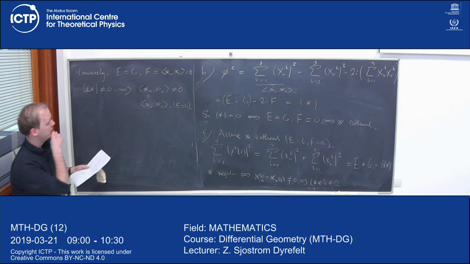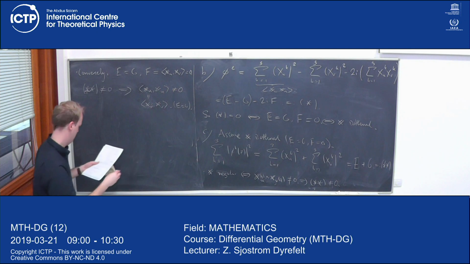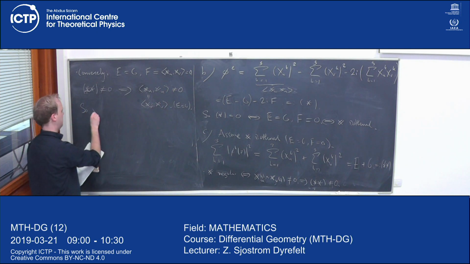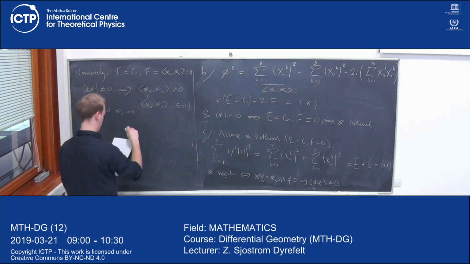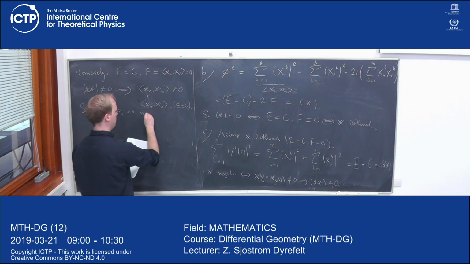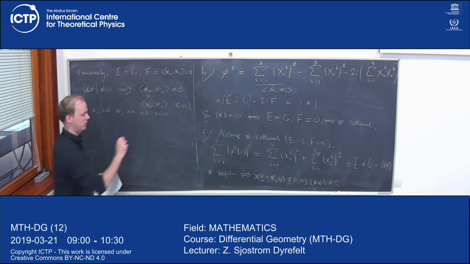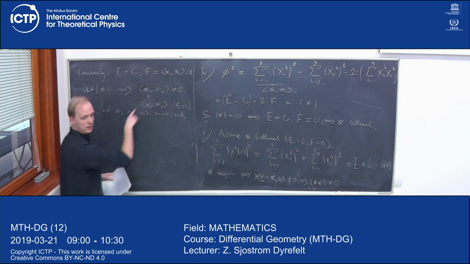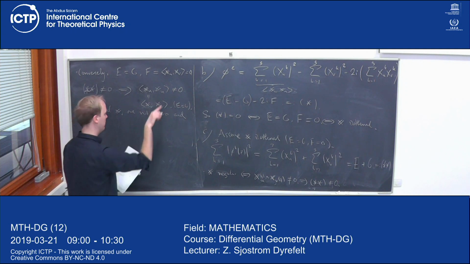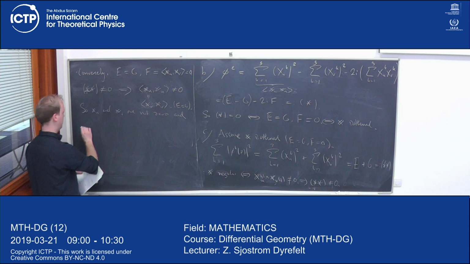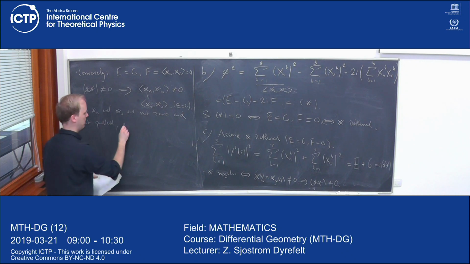And on top of this, they are also not orthogonal, or rather not parallel. So Xu and Xv are not 0 vectors, and by the F equals 0 assumption they are not parallel.